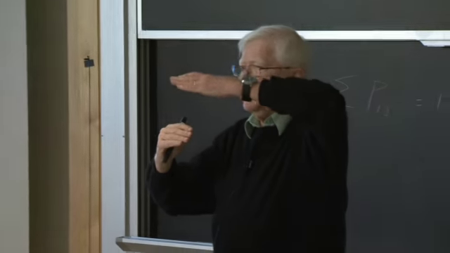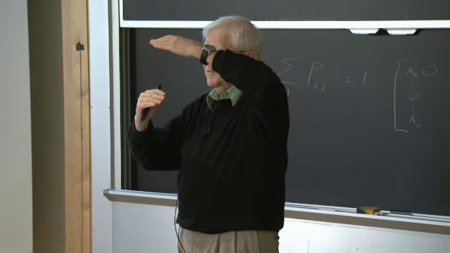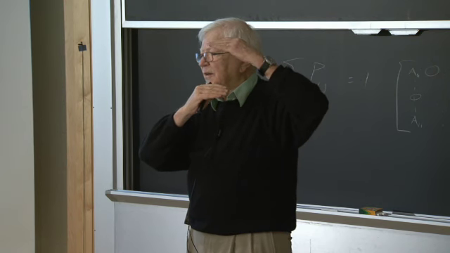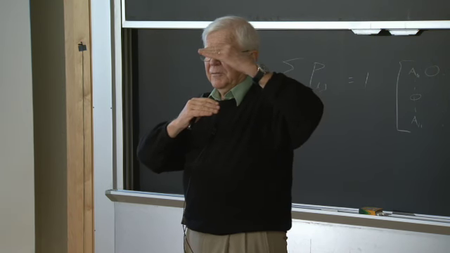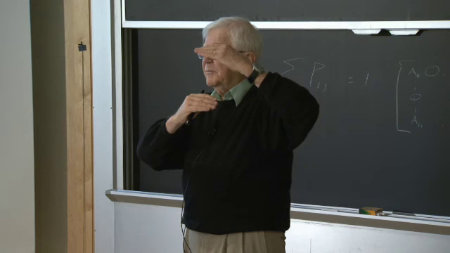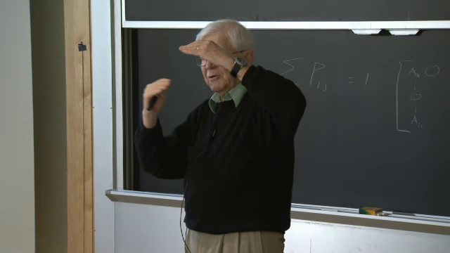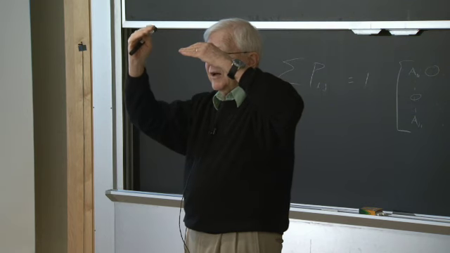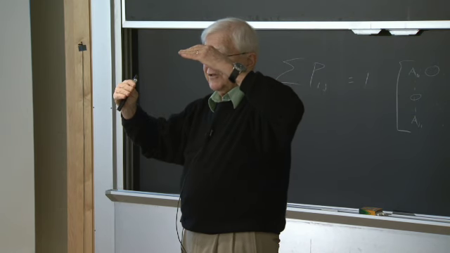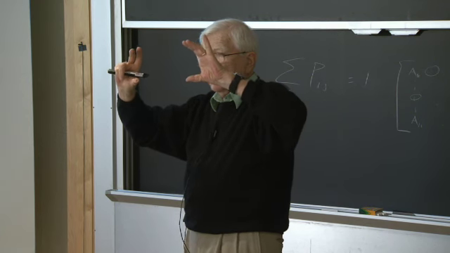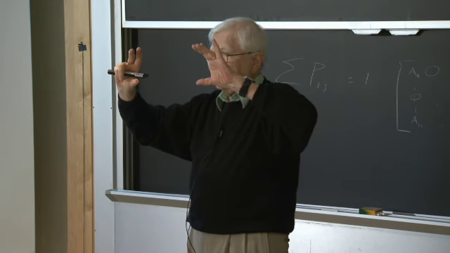We don't know anything about them, but what we do know is we also have M left eigenvectors. And the left eigenvectors, as we're going to show in just a second, are orthogonal to the right eigenvectors. And therefore, when we look at these two matrices, we can multiply them and get the identity matrix.